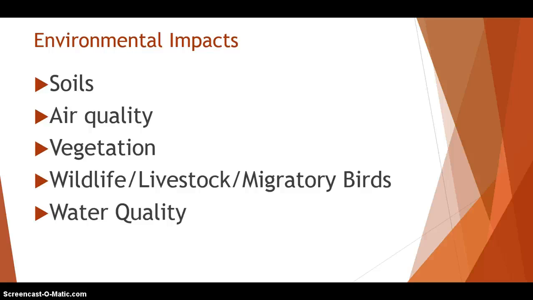Previously, in California, there have been various environmental impacts which include increases in soil fertility, reduction in air quality due to dust particles disappearing into the atmosphere, decreases in vegetation due to it being burnt away, decreases in wildlife, livestock, and migratory birds due to destruction of their habitats, and reductions in water quality.